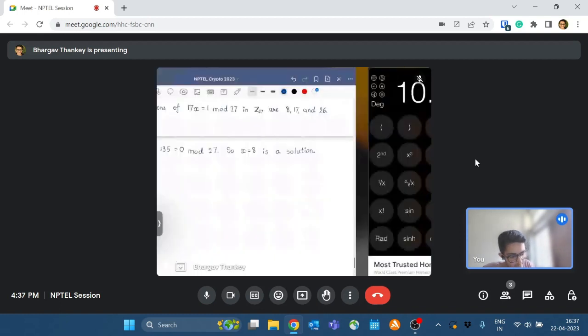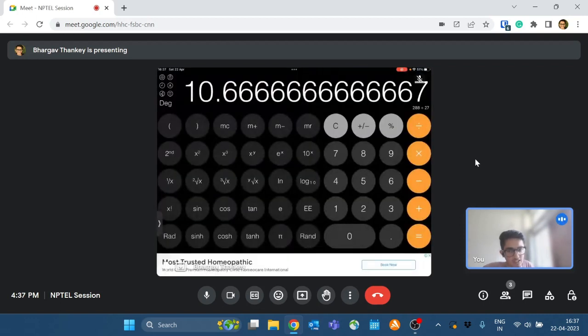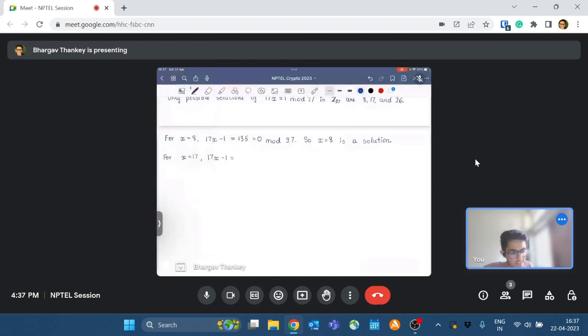When I divide 288 by 27, I do not get an integer. So 288 is not divisible by 27, and therefore 288 is not 0 mod 27. So x equals 17 is not a solution.